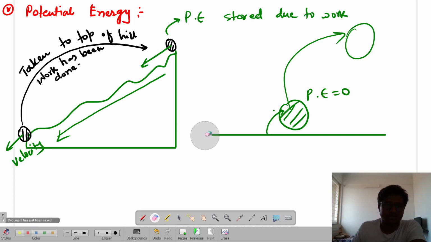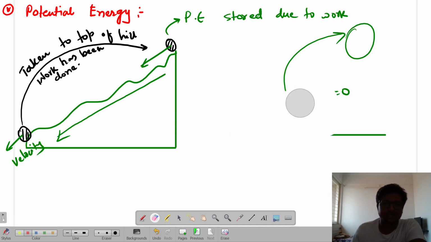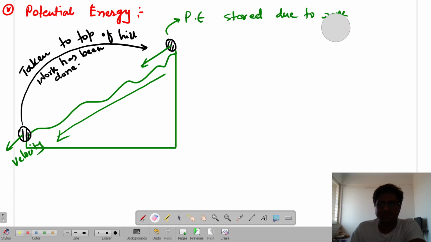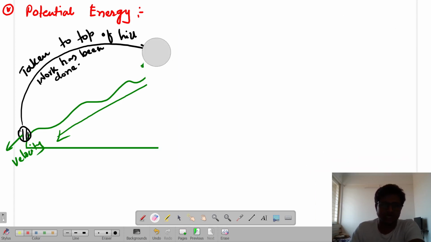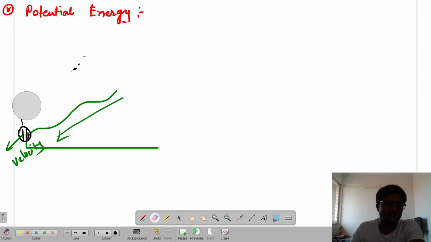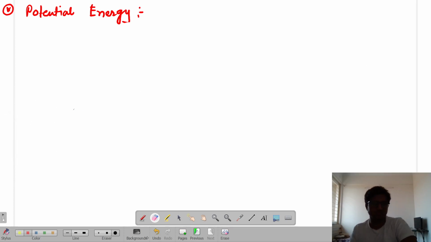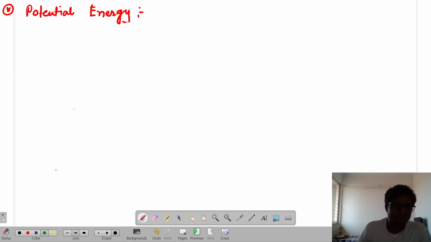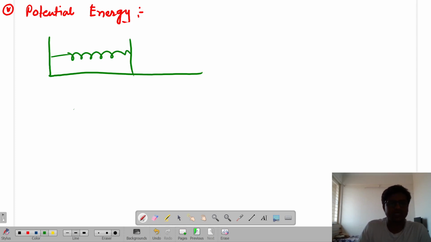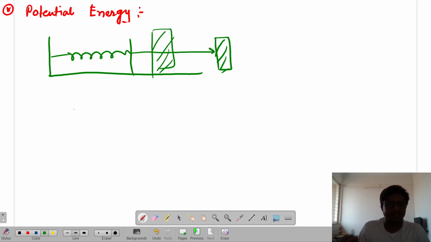Okay. So you got the idea of potential energy. What is the potential energy? It is the energy which will be stored in the body after performing work on the body, when the body comes to rest. Are you able to get me or not? Just like a spring, take an example of a spring. When it is normal, it has no potential energy. But when I stretch it, I did work, and then the body is at rest. But after this, when I release it, the body gets velocity. How does it get its velocity?